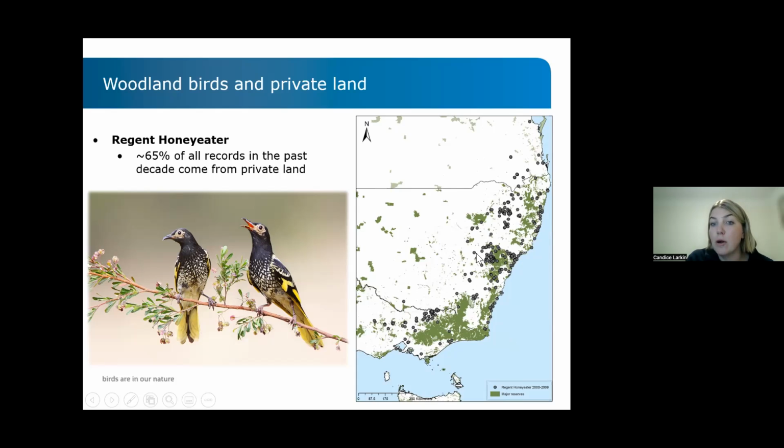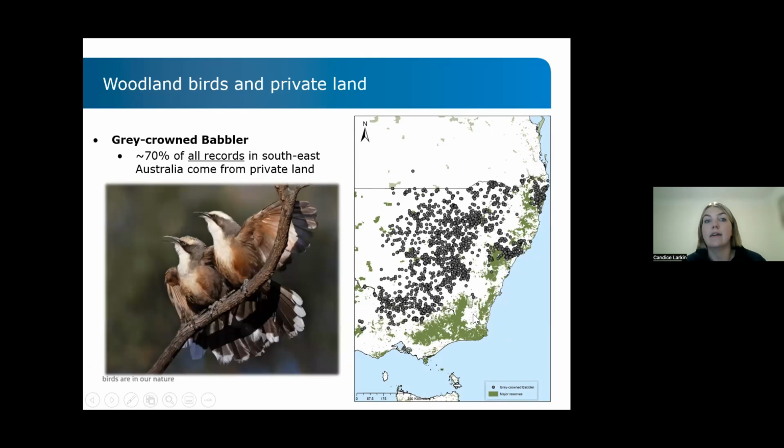But what we've seen is most of these have actually come from outside of environmental reserves and have been on private land instead. And a similar trend for another threatened species, the grey-crowned babbler. If you're living in Queensland, that might be a bit of a shock, but down here they're threatened. And 70% of all records historically come from private land.